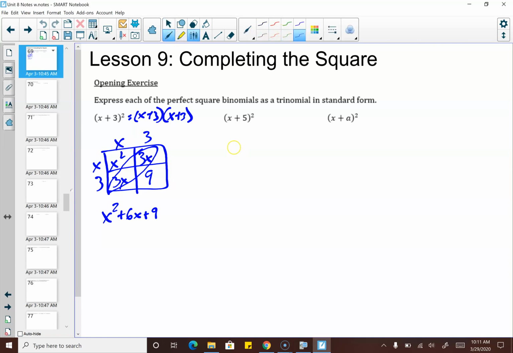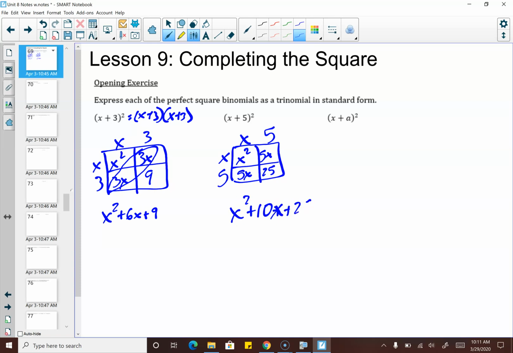So as we do this for the next two, we end up with x + 5 and x + 5. So x², 5x, 5x, and 25 gives us x² + 10x + 25. And then for the last one, we have x + a and x + a, so that gives us x². x times a is ax, x times a again is ax, and a times a is a².